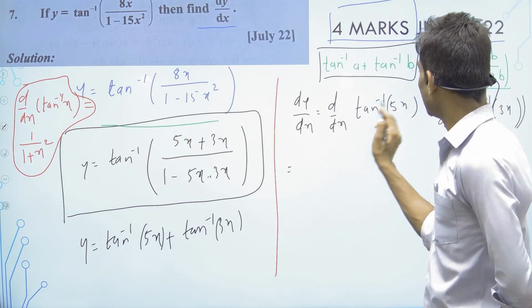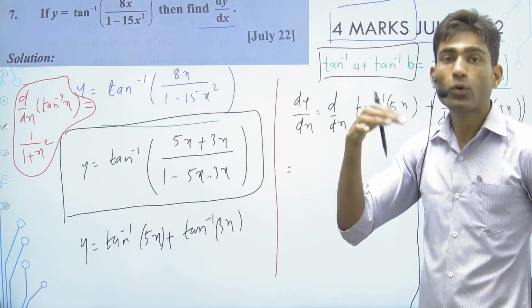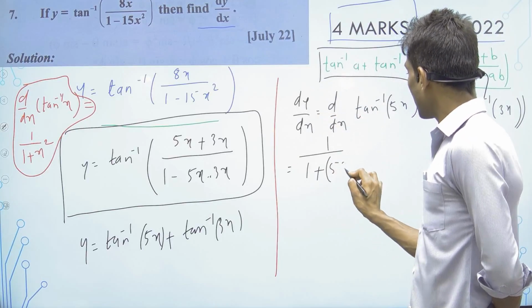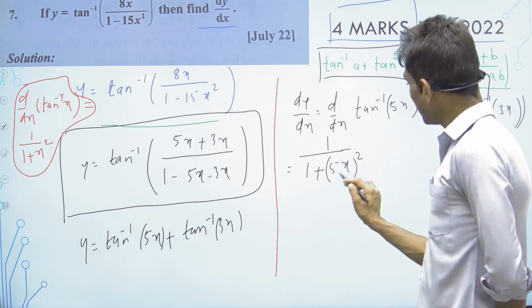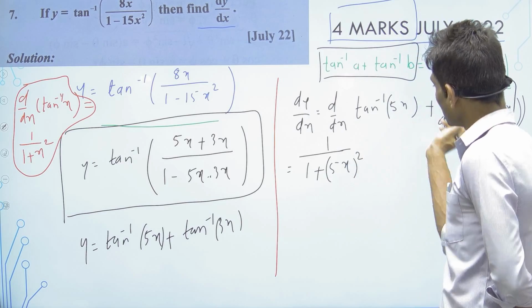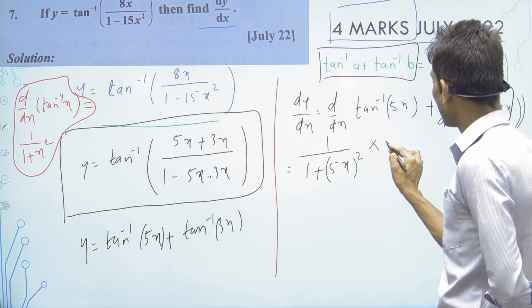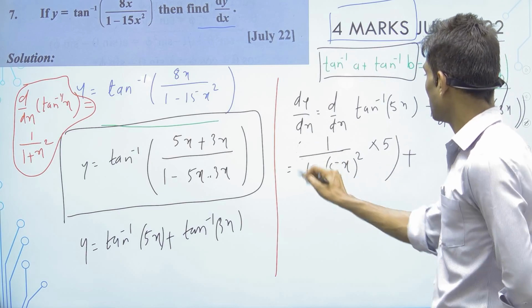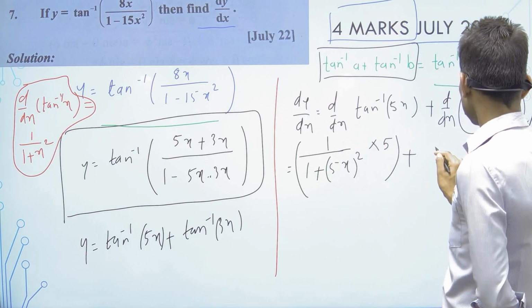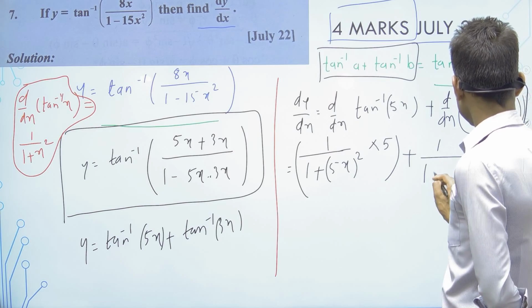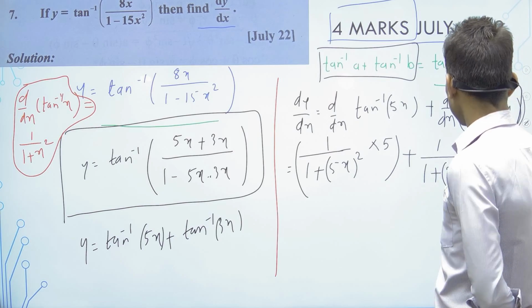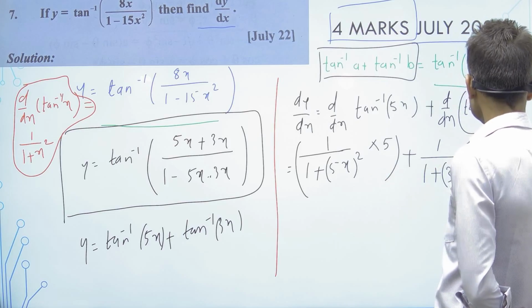Tan inverse of x has differentiation 1 upon 1 plus x square. So 1 upon 1 plus (5x) square, multiplied by differentiation of 5x, which is 5, plus 1 upon 1 plus (3x) square, into differentiation of 3x, which gives only 3.